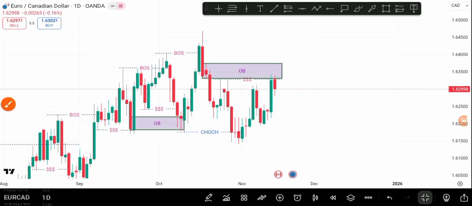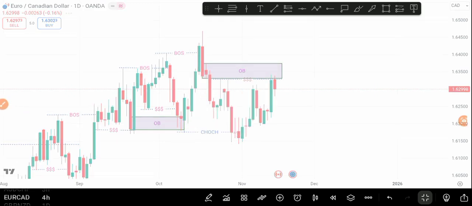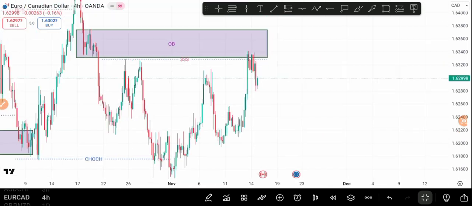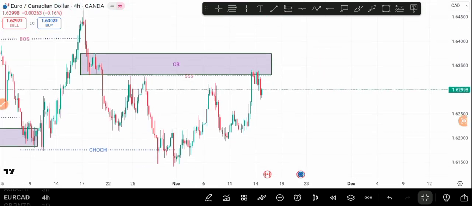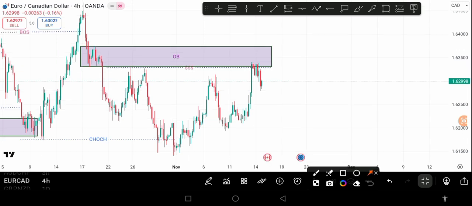Nice. So let's go to the lower time frame, to the 4-hour time frame. On the 4-hour time frame, I want to check if there is a change of character after tapping into the order block, but I'm not sure until I see the change. A valid change of character is when I'm taking sales, because the price can decide to come.